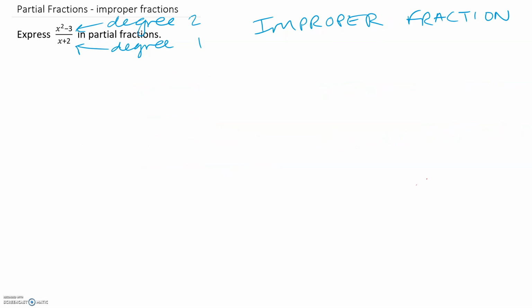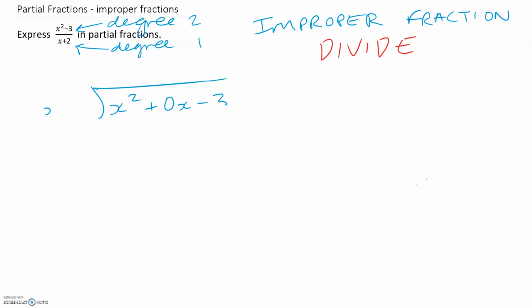If you realize you've got an improper fraction like we do in this question, often the best way to deal with it is to divide the numerator by the denominator. So if we do that, we've got x squared, I like to write plus 0x here, minus 3, and that's all divided by x plus 2.